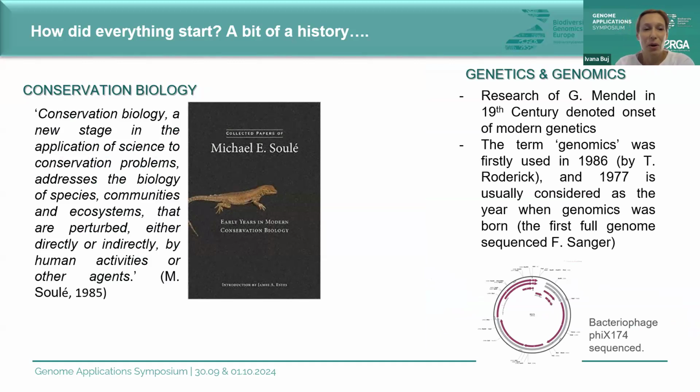For conservation biology, I have included this first definition that I like very much, of Michael Soulé, the father of conservation biology, who coined this term in 1985. And genomics, actually, the term is only one year younger. So here we really deal with two very young disciplines, and we are already combining them for some time now with more or less success.